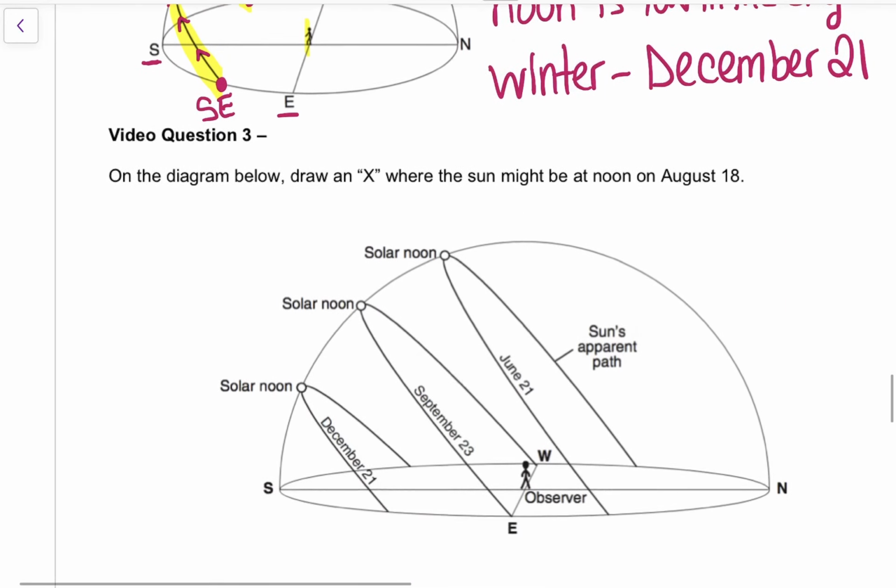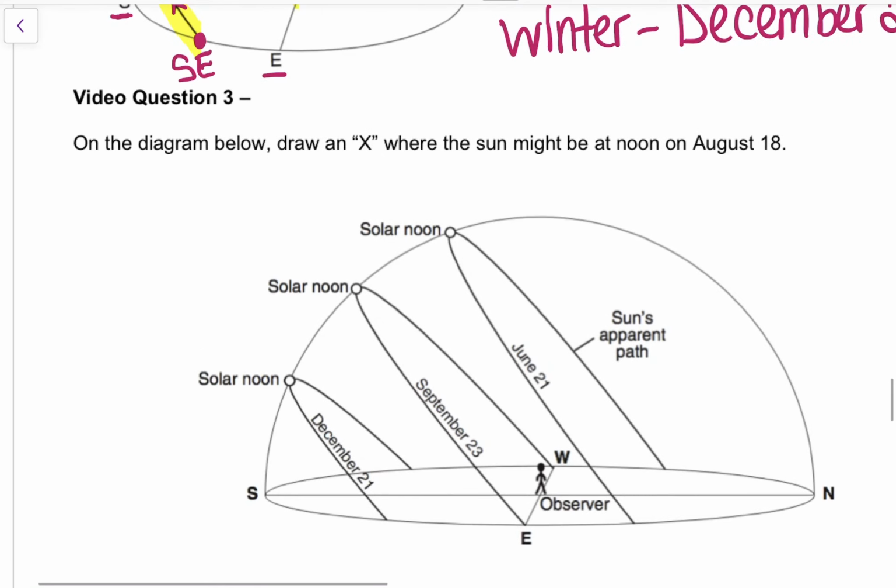Now, sometimes they might show us a diagram that has all of the dates that we normally talk about: December, September, June, the summer solstice, the winter solstice, and the fall equinox.